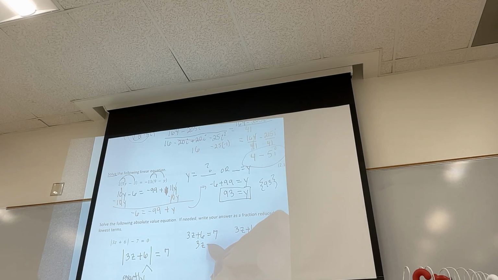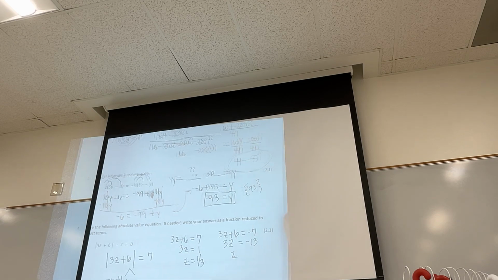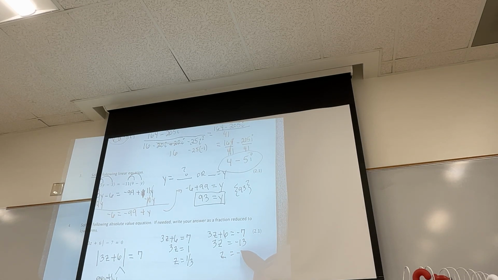Move the 6 over. 3z equals 1. So z equals 1/3. Move the 6 over. 3z equals negative 13. Am I off my screen? Z equals negative 13/3. Can I have a negative for a solution?